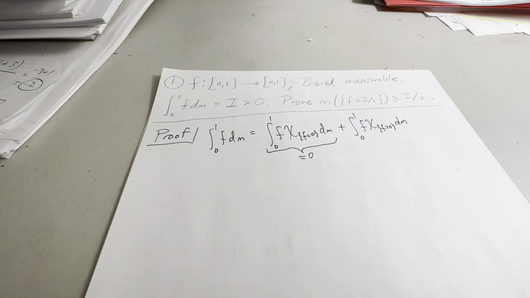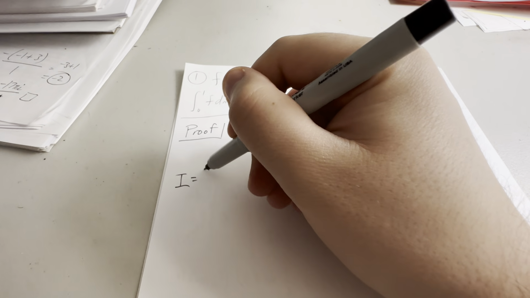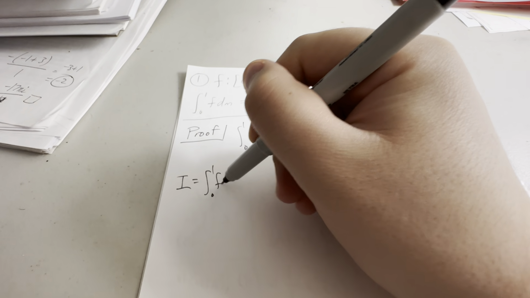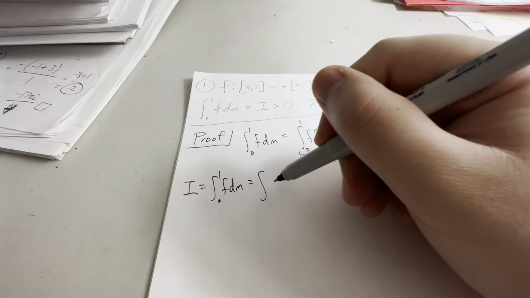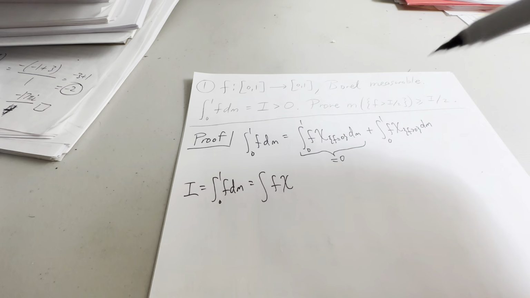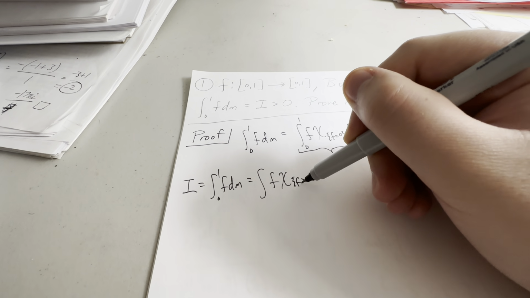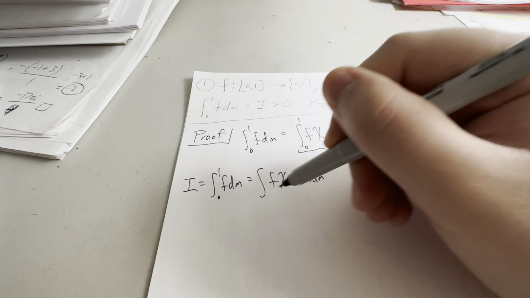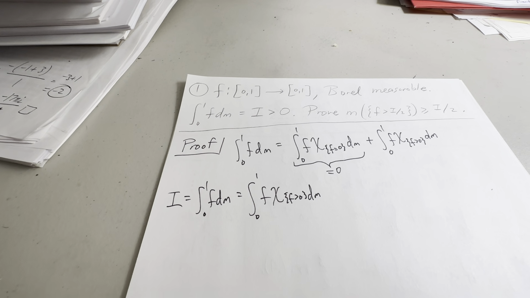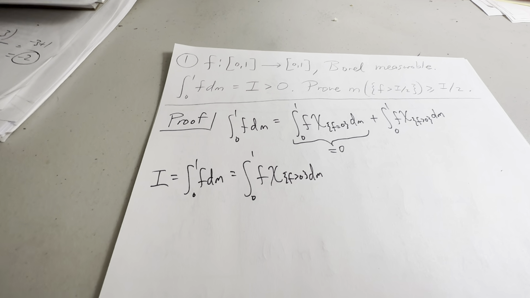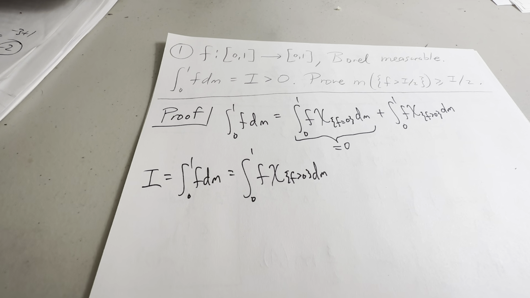Okay. So let's call this integral I, for example. It's equal to the integral from 0 to 1 of f times the characteristic function of f positive, dm. And we can further split this integral up in another way.